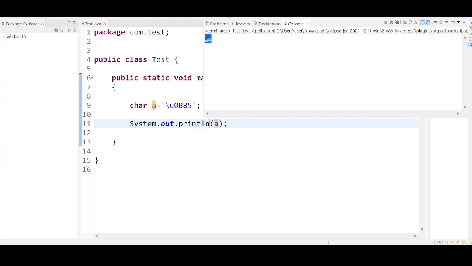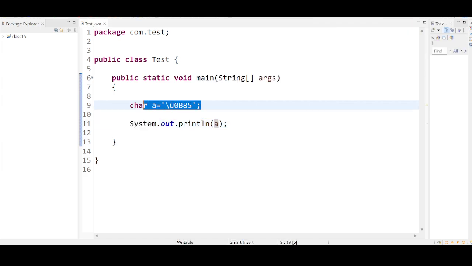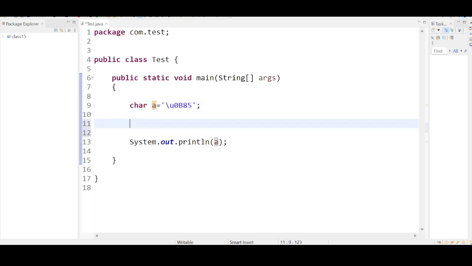Let me copy this and do something like B, and I want to use backward slash u 0 T 0.